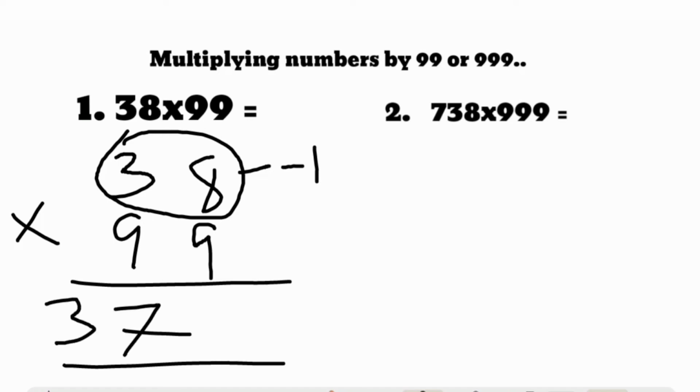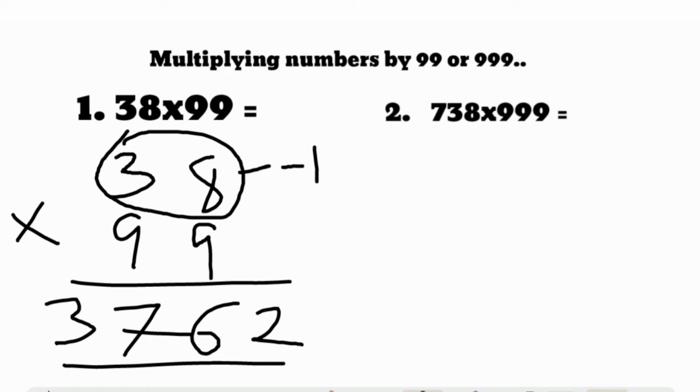Now to get the last digits at the end, you subtract each 9 from 37. So 9 minus 3 is 6, and 9 minus 7 is 2. So you end up getting your answer 3762. That's a very short method to multiply any given number by 99 or maybe 999.